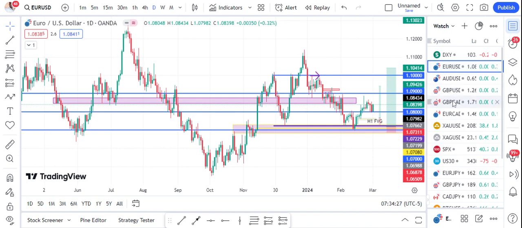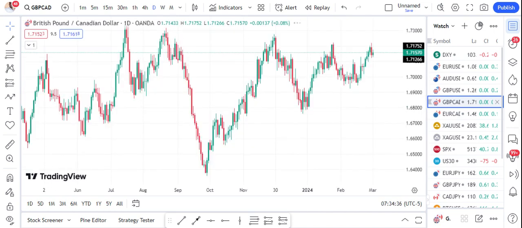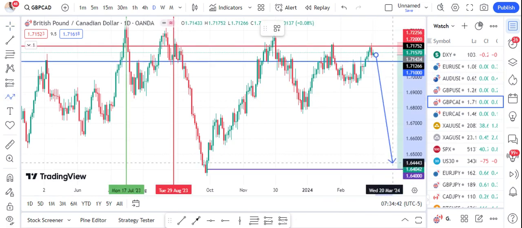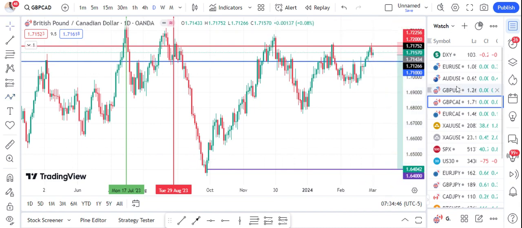For example, this GBP CAD sell move, I've been anticipating it since December 9, 2023 to be precise, that price will drop down to this level from the current place where it is. Well, I'll be talking about this later in the video.